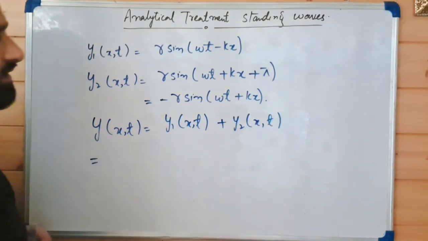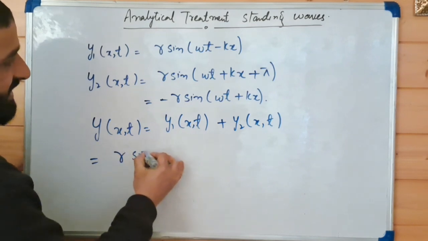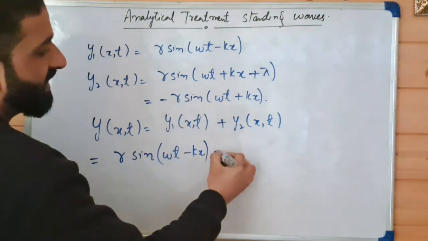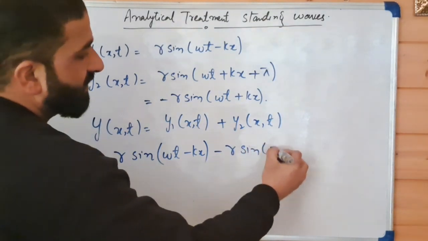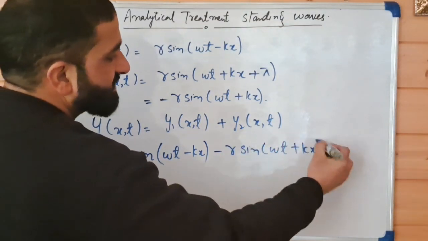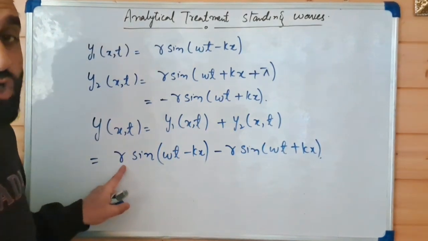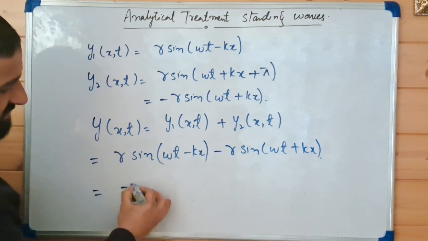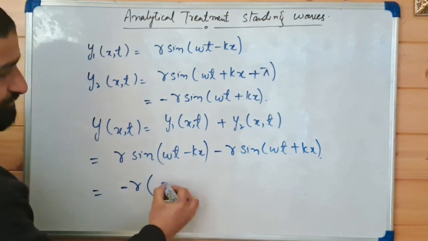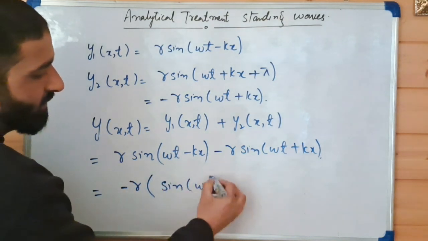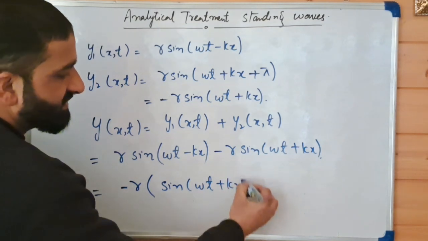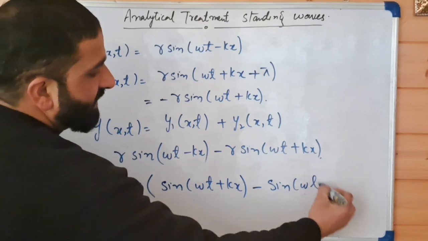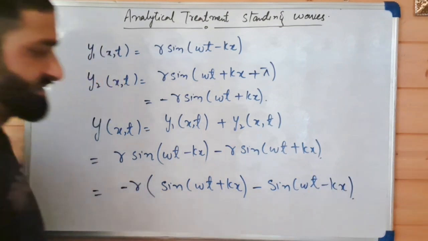That means it will be equal to r sine of (omega t minus kx) minus r sine of (omega t plus kx). Here, taking minus r as common, y(x, t) becomes minus r into [sine of (omega t plus kx) minus sine of (omega t minus kx)].